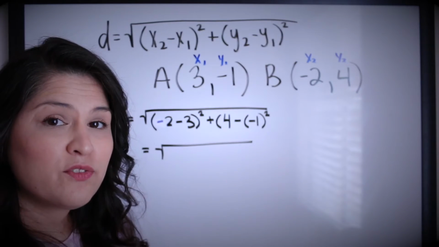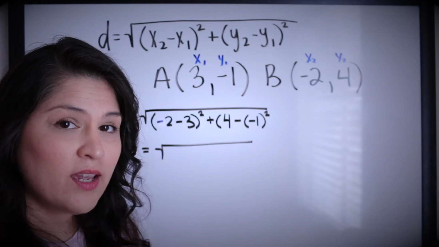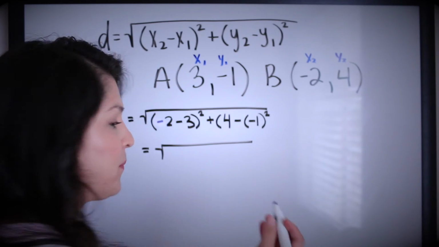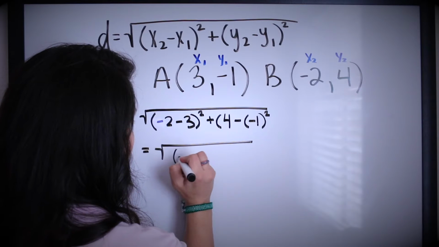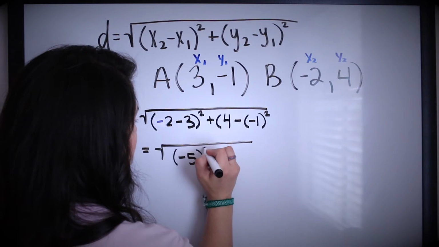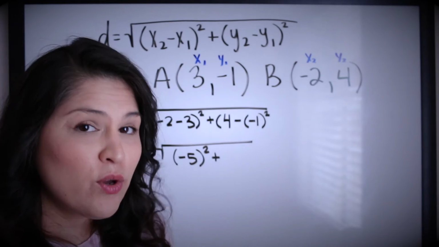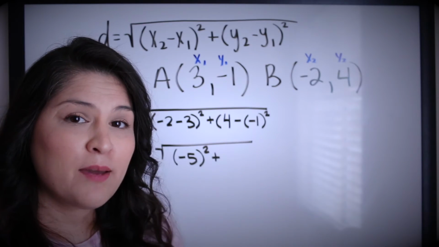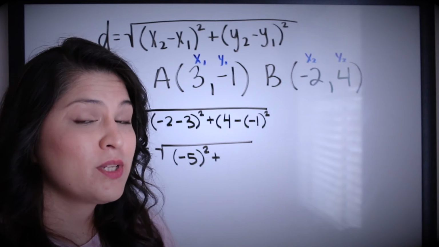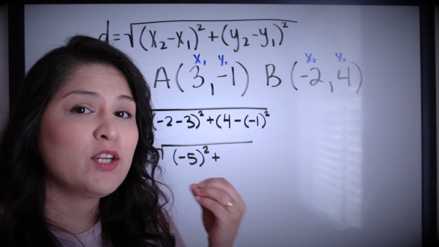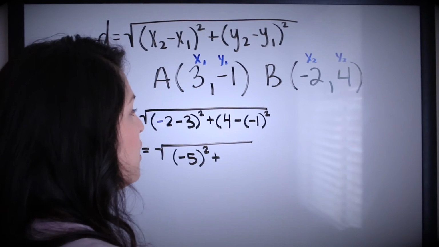Now, a negative 2 minus 3 is negative 5. Squared. And as we know, our rule says that any time that we have a negative number and it's being subtracted, it turns into a positive number.